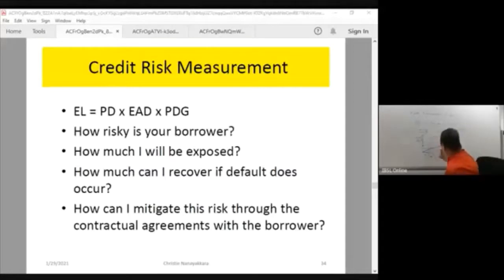So if this customer has a probability of 1% and he will default at 3 years, then your exposure will be 400,000. You have taken 400,000 security. You are rest assured that you will have no expected loss because 0 into 0.4 into 1% is also equal to 0.